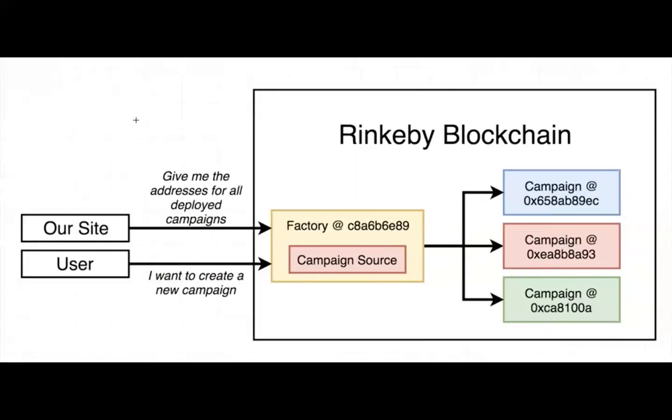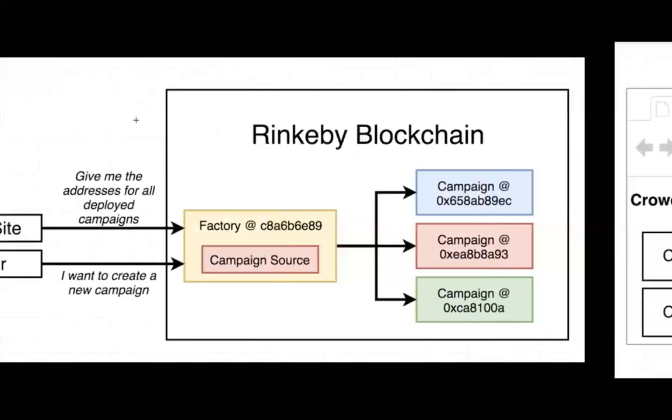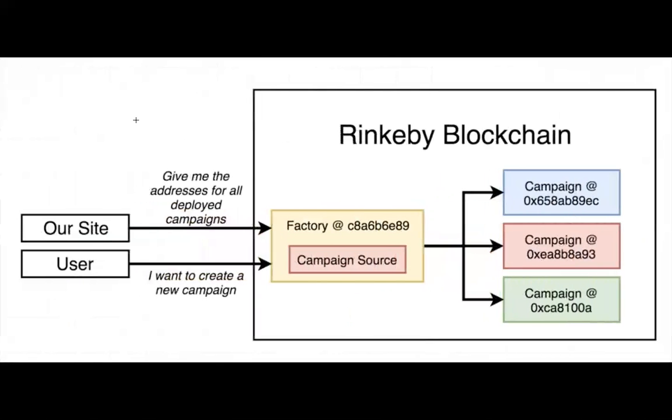This is a great solution because not only is the campaign factory in charge of the deployment, but it also manages all of the different instances that are there. The diagram that I have here is not the best way of showing you what's going on. I'm referring to this one here. I've been showing you this other diagram that's a lot easier to understand.